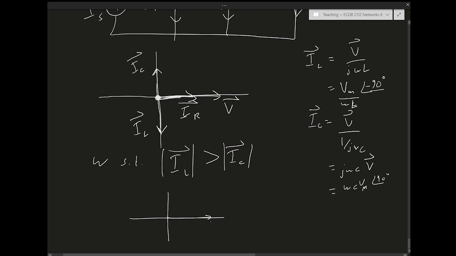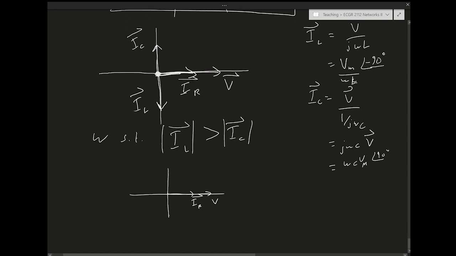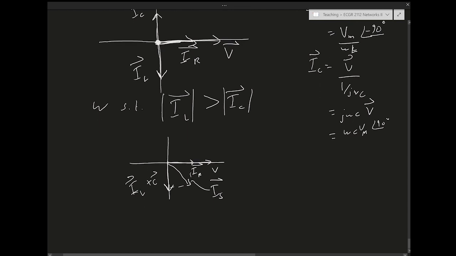I have V, I have IR, and then IL is larger than IC. So the sum IL plus IC is going to go negative, and then IS is going to be the sum of the two vectors. So this is going to be IS. Okay, so this is what the phasor diagram would look like.